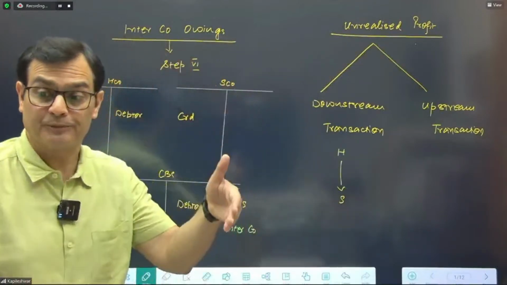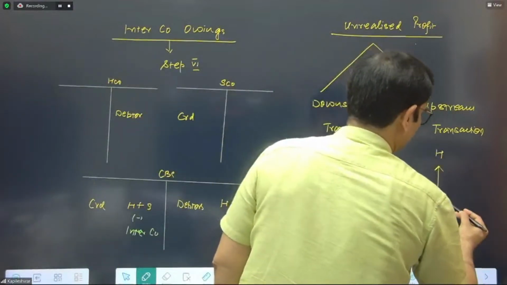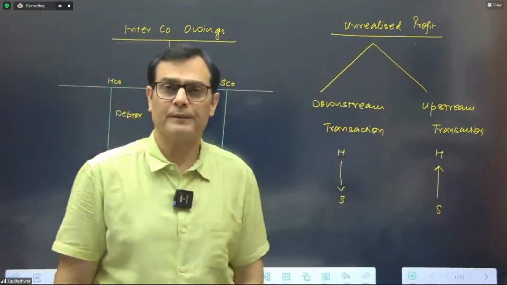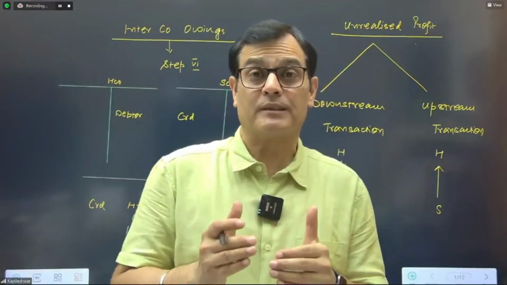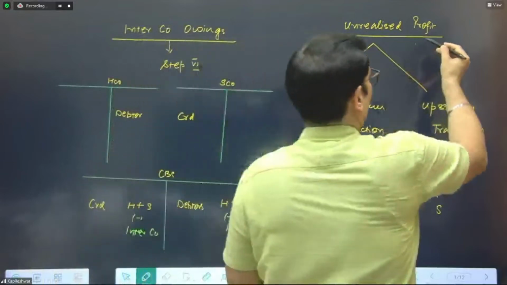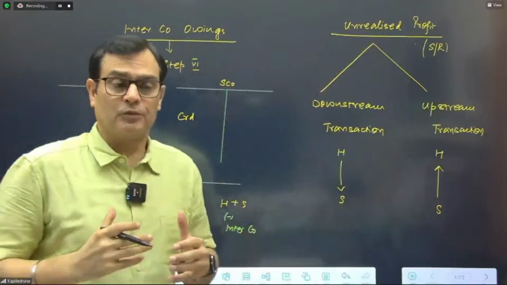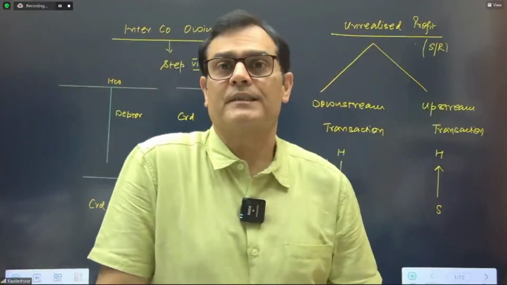So it's down. And when it is upstream in nature, the arrow direction changes. The sale is by subsidiary to holding. So be very careful when you look at downstream and upstream transactions, because you've got unrealized profits, which is also called a stock reserve. So if you're given any sale between the parent and the subsidiary, watch out who made the sale.